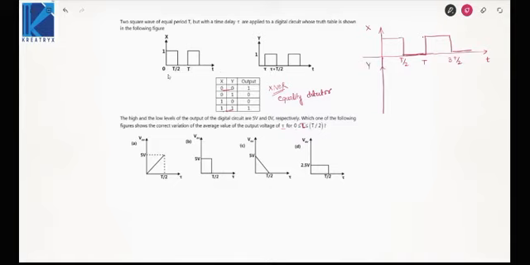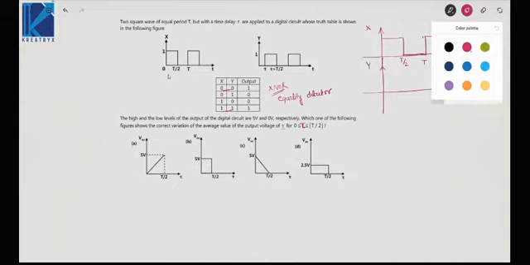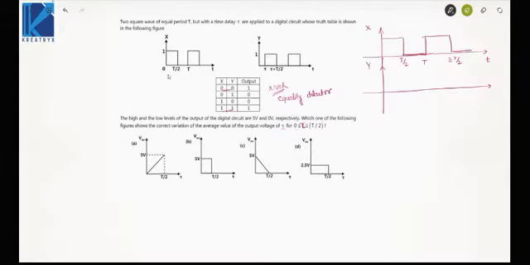Now when you draw Y, Y will be right shifted by an amount tau. If it is right shifted by an amount tau, it will be like this.